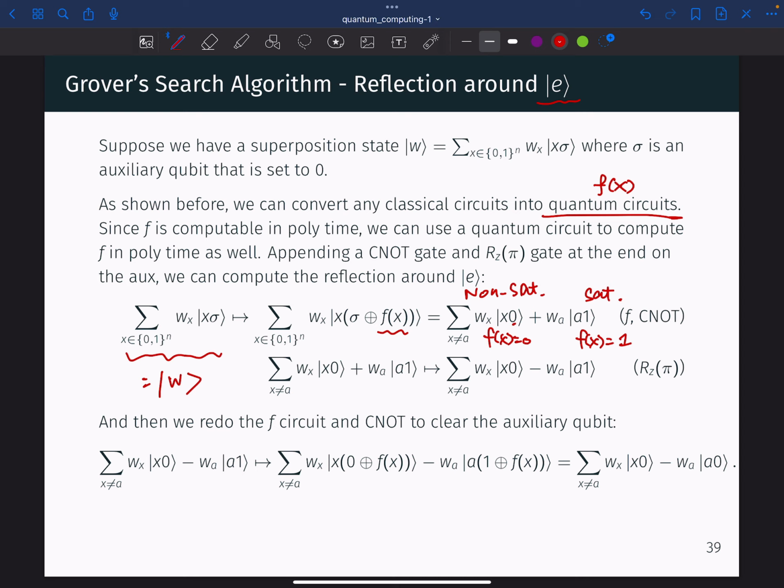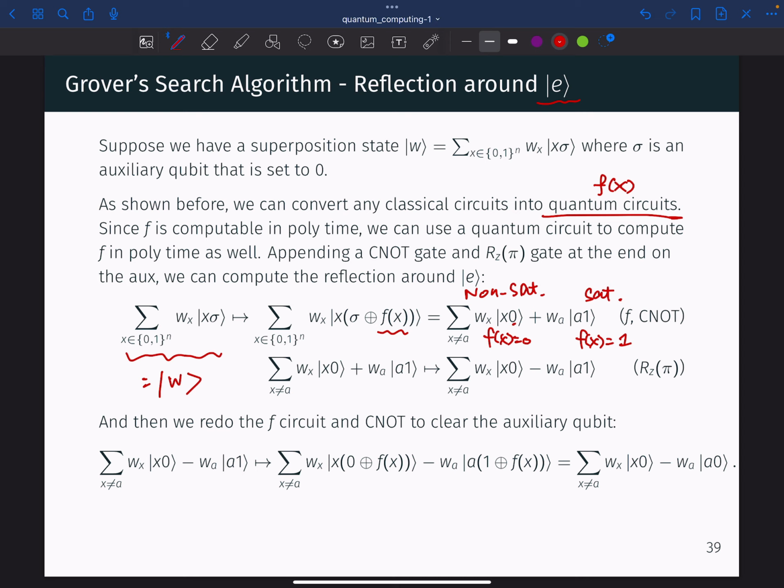Now let's do the RZ gate. This is a controlled rotation.